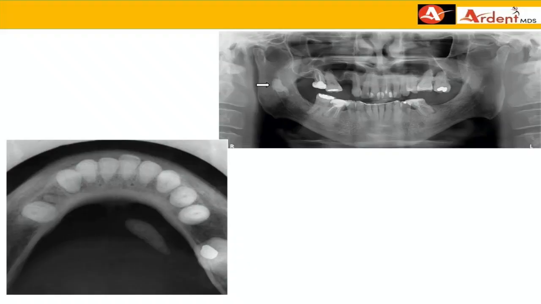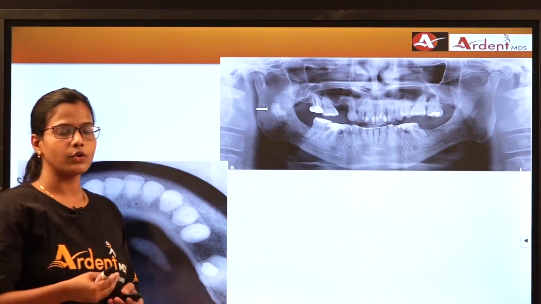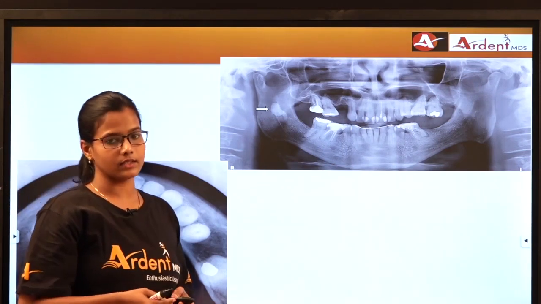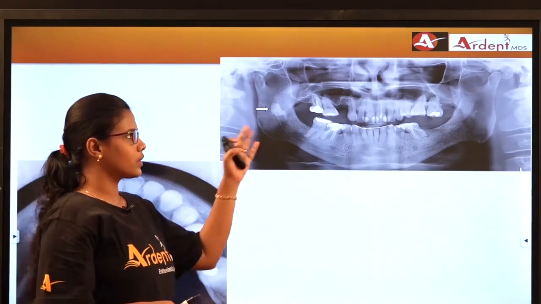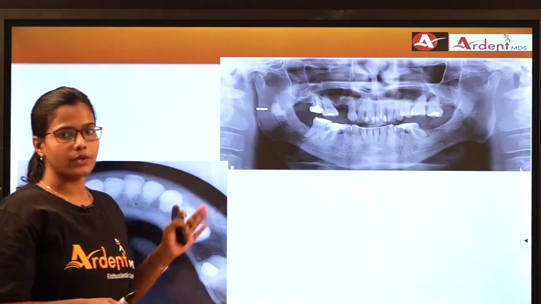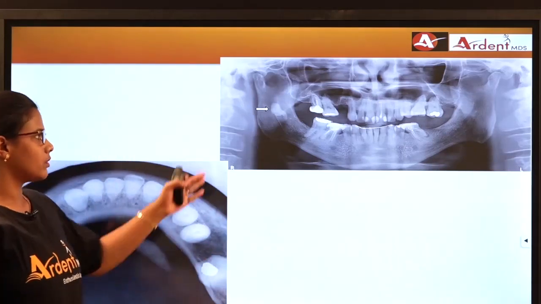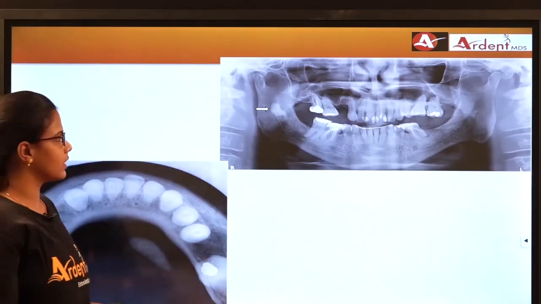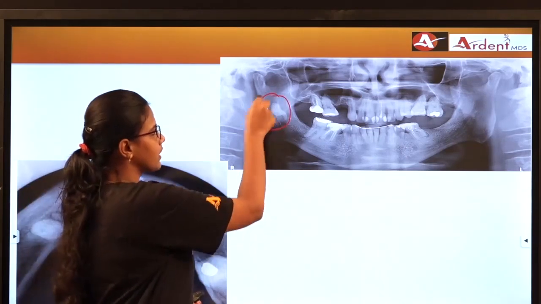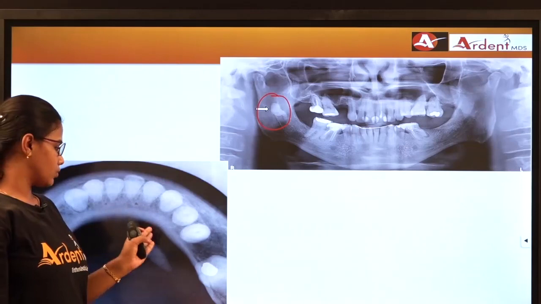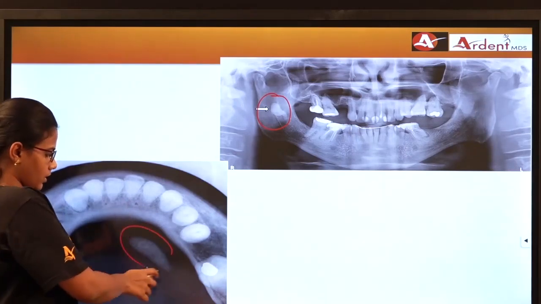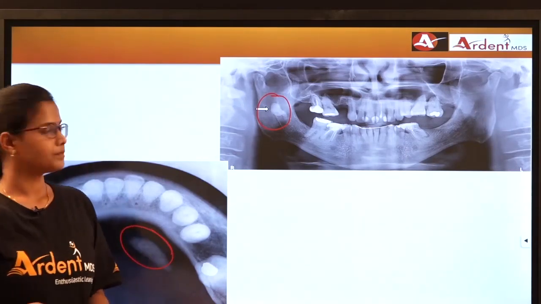Next, we go for the imaging methods. There are a number of imaging methods to analyze salivary gland disorders. We start with a plain radiograph, which includes the OPG and the occlusal radiograph. In the given OPG, you can see a radiopaque structure here, and in the anterior mandibular occlusal view, one radiopaque structure you can see.